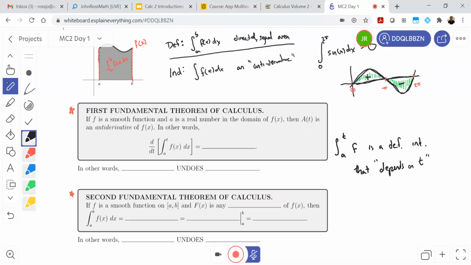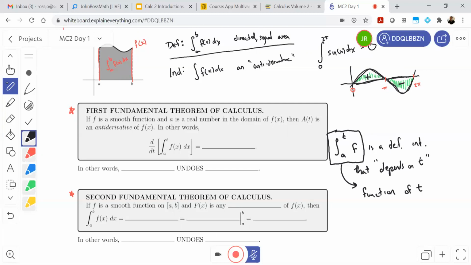And as a result, this is a function, right? This object is a function of t, a new function, measuring the accumulation of little f.